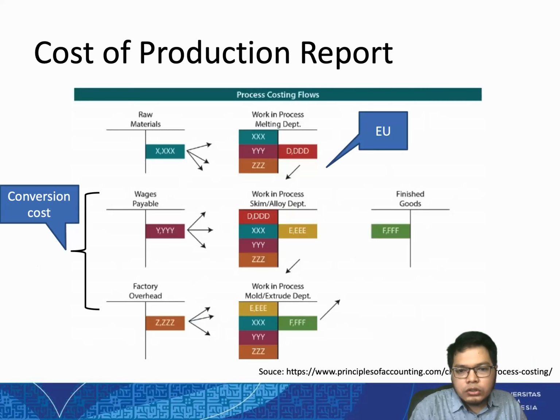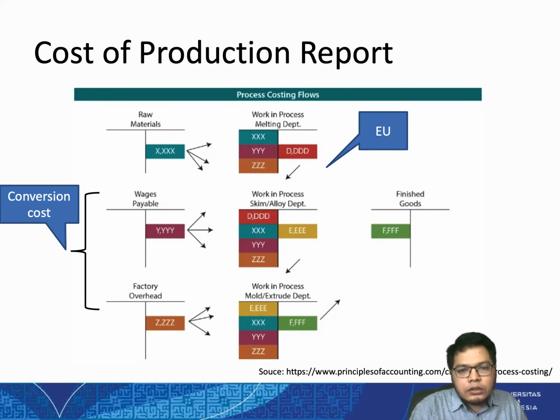So it will be like this. As you can see in the process costing flow, there are three main costs: raw material, wages payable, which is direct labor, and factory overhead. We can combine direct labor with factory overhead and call it conversion cost.